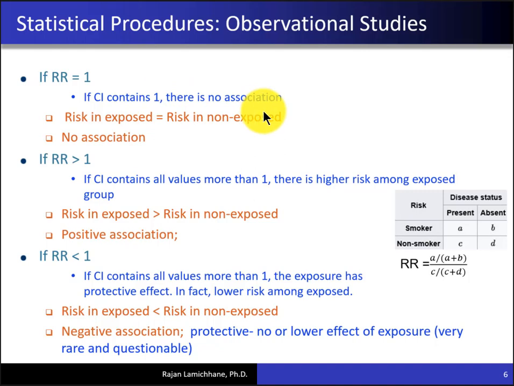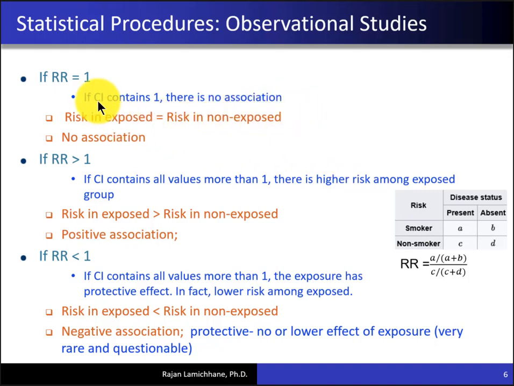And if you are calculating the confidence interval of the relative risk, and that confidence interval contains 1, think about that. In a confidence interval, there are two values, a lower limit and an upper limit, and everything in between those two limit values are the possible values. If the confidence interval contains 1, there is no association.